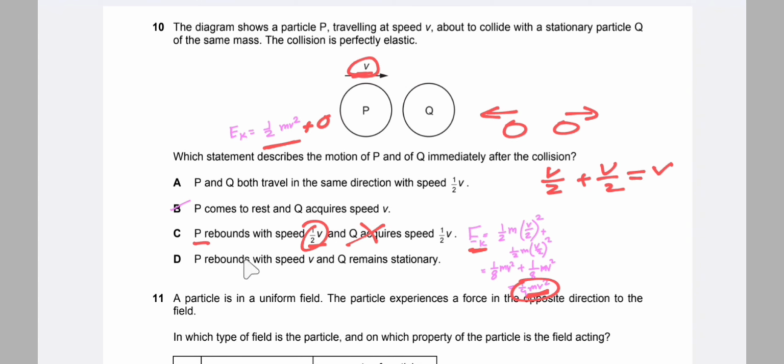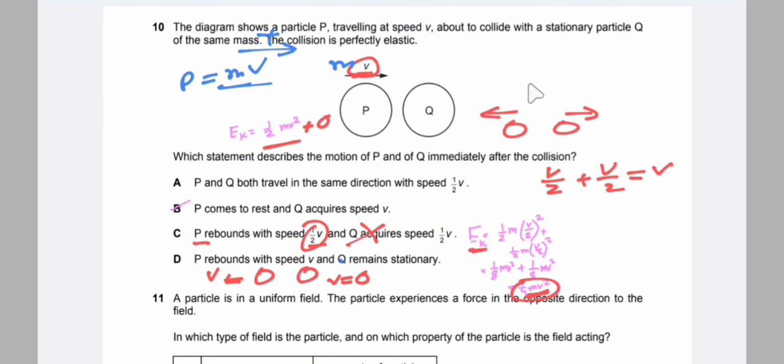Then option D: P rebounds with speed v and Q becomes stationary, that is, its velocity becomes 0. Using momentum, the momentum before collision is mass times velocity, as Q is at rest. For momentum after collision, we consider velocity towards the right as positive.